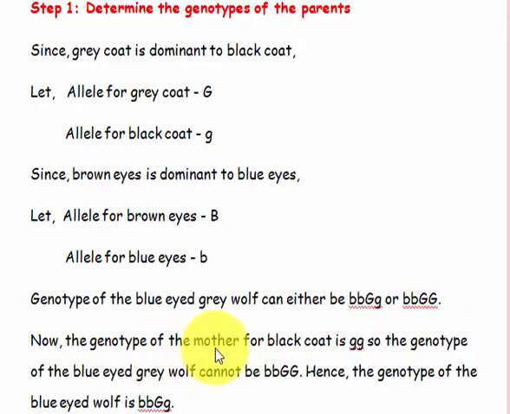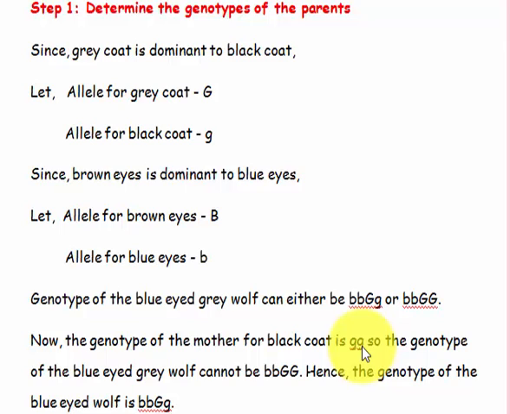Now the genotype of the mother for black coat is 2 lowercase g because black coat is recessive. Since the genotype of the mother is 2 lowercase g, the genotype of the blue-eyed gray wolf cannot be 2 lowercase b, 2 uppercase G, because it must receive an allele for black coat.